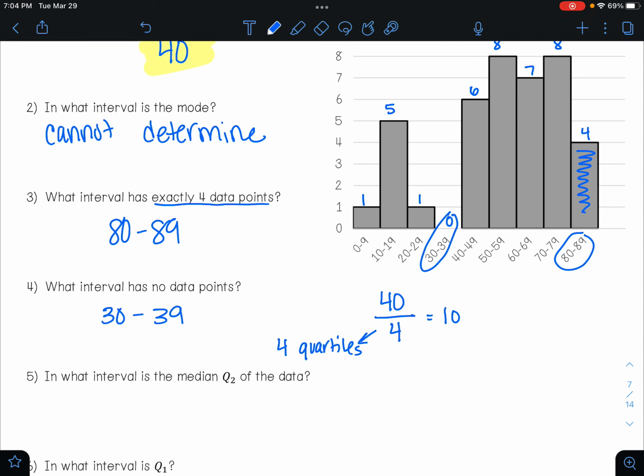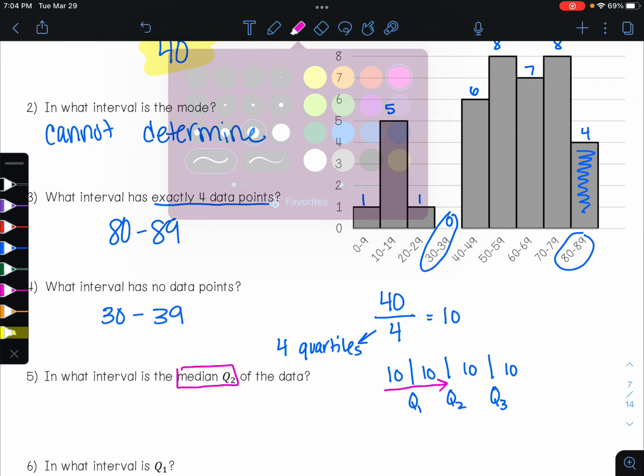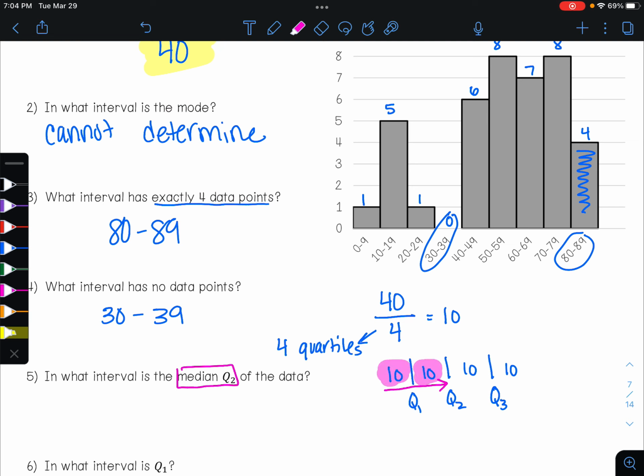This means that I have 10 data values and then Q1, 10 data values and then Q2, 10 data values and then Q3, and then my remaining 10 data values. So if I want to find the median, that's Q2. If I start at the beginning, I have to go all the way here. So that means I need to count to 10 plus 10, which is 20.